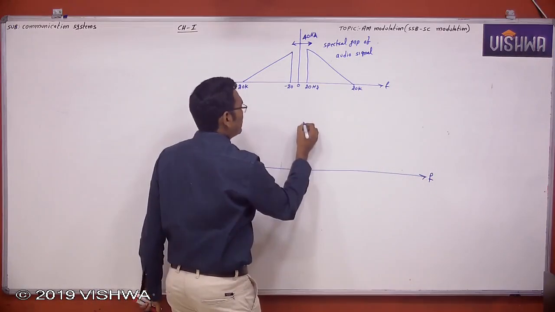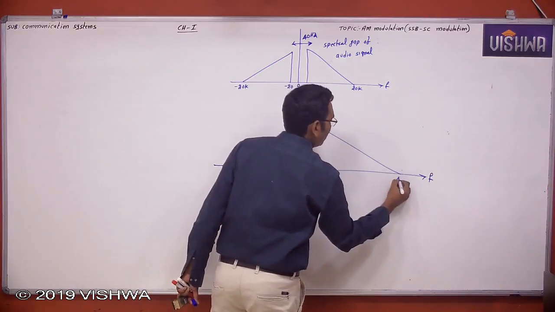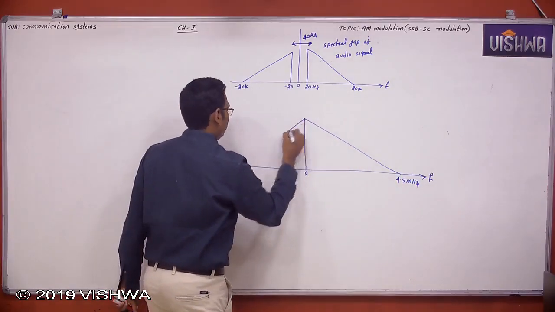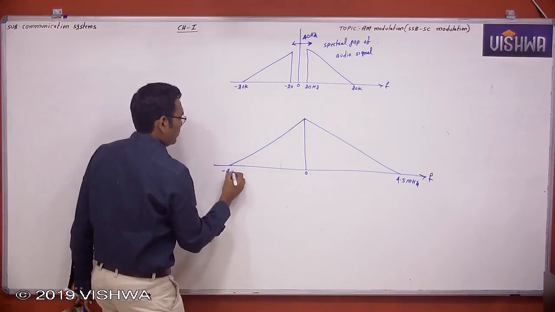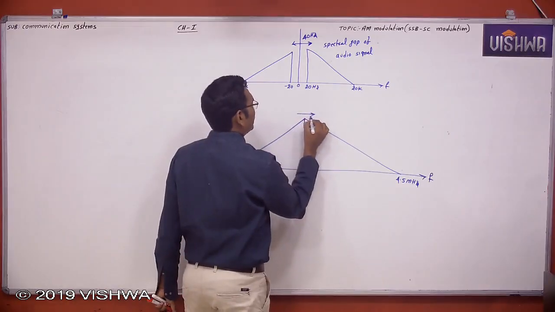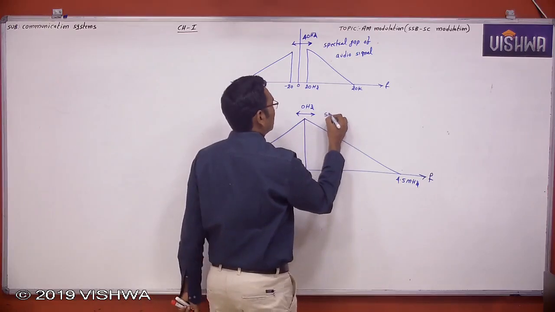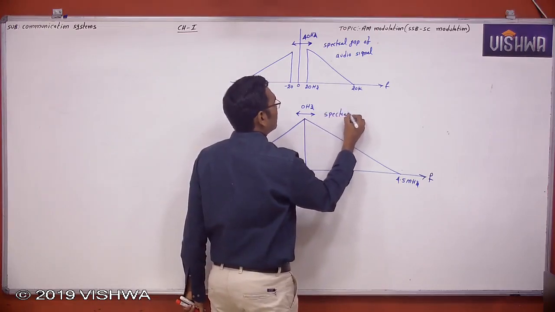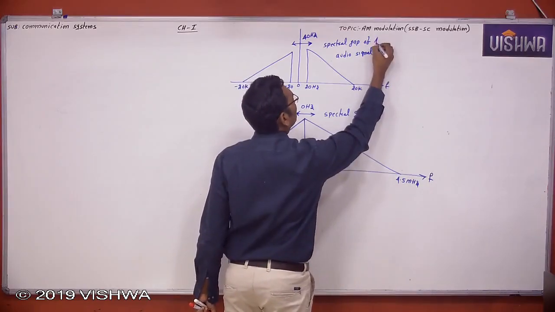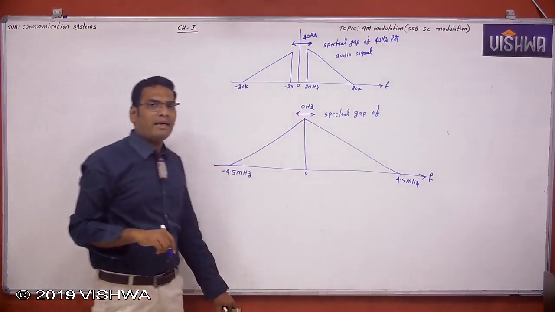This is the video signal, 4.5 megahertz. So how much is the spectral gap for video signal?